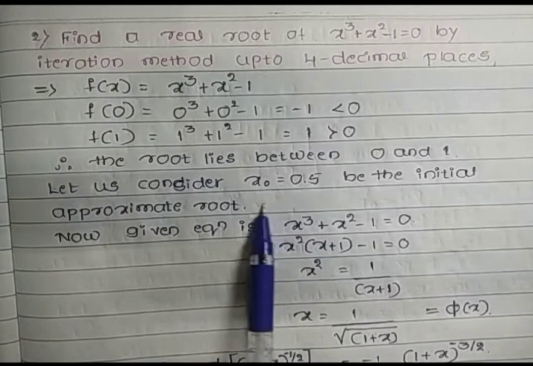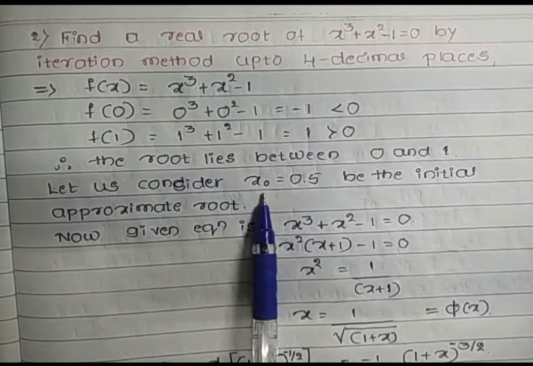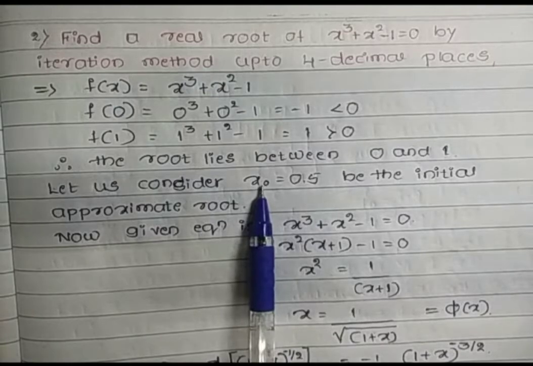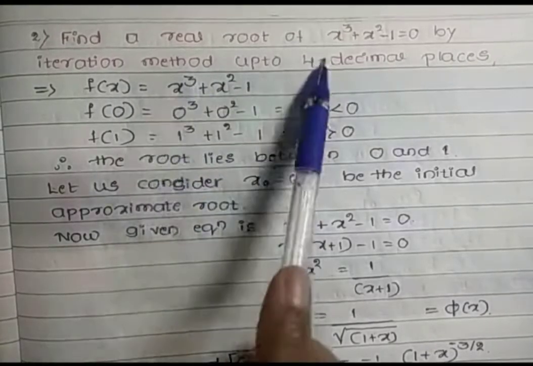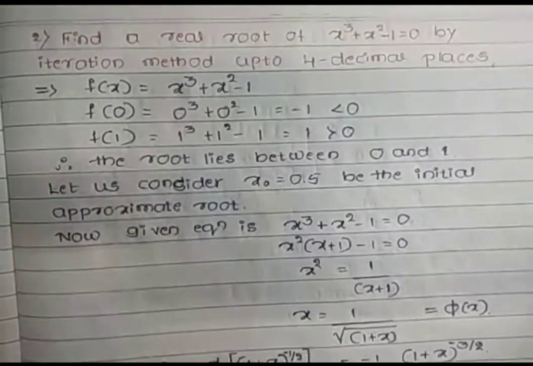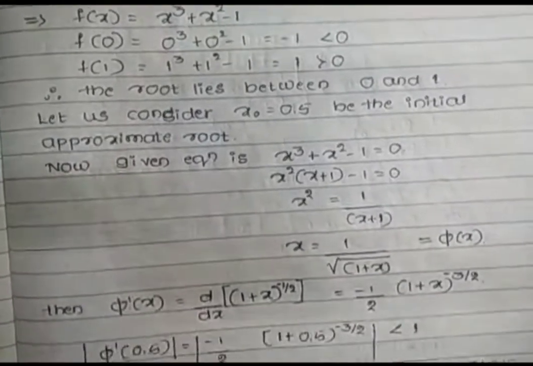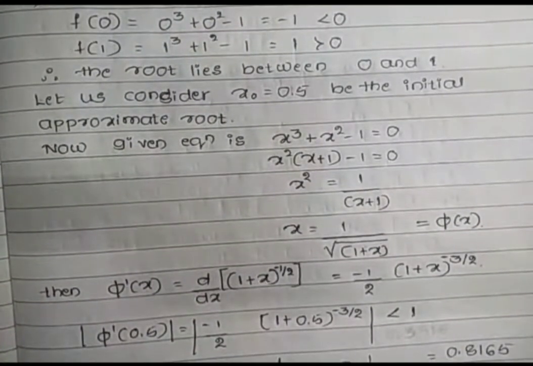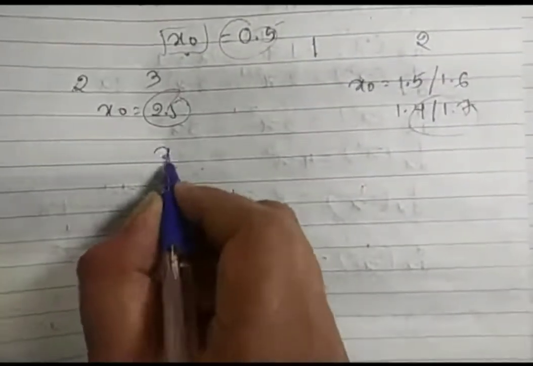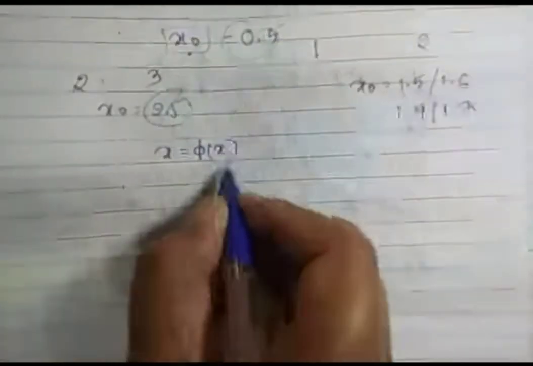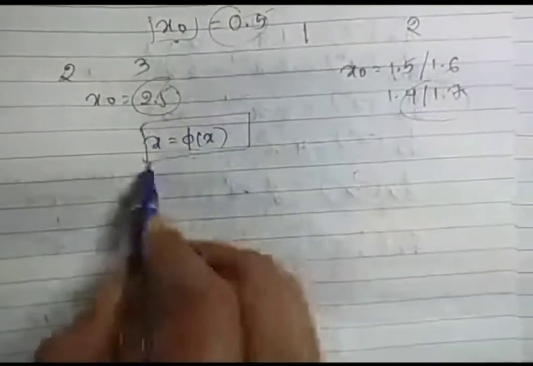Then next, once we consider the initial approximation, we have to write the given equation as it is, and this equation we need to express in the form x is equal to phi of x. This is the second important step.